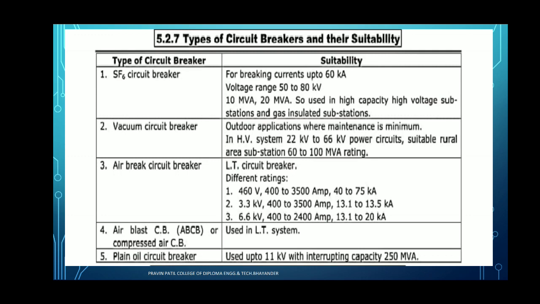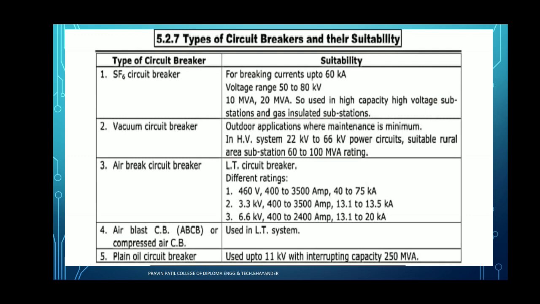In the air brake circuit breaker, atmospheric air is used to quench the arc between the contacts, and air blast means compression of the air in the air blast circuit breaker. So that compressed air, at above atmospheric pressure, is used in the air blast circuit breaker.